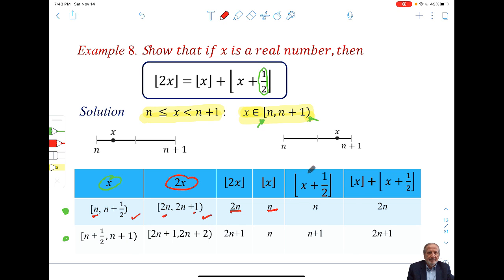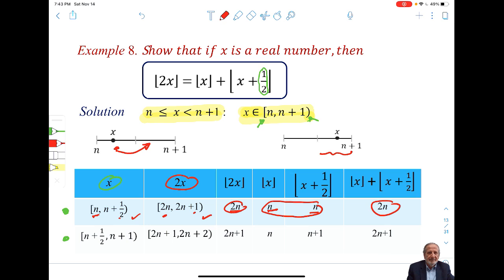So I am now here. When I add 1/2, I'm going to still be here, and the floor function will be n. Now you add these two, you get 2n, and they're equal. Now we move to the second possibility. x is in this area here.